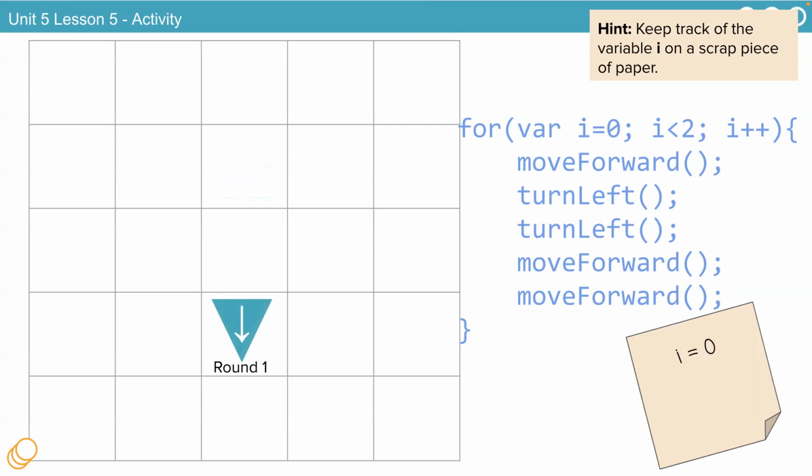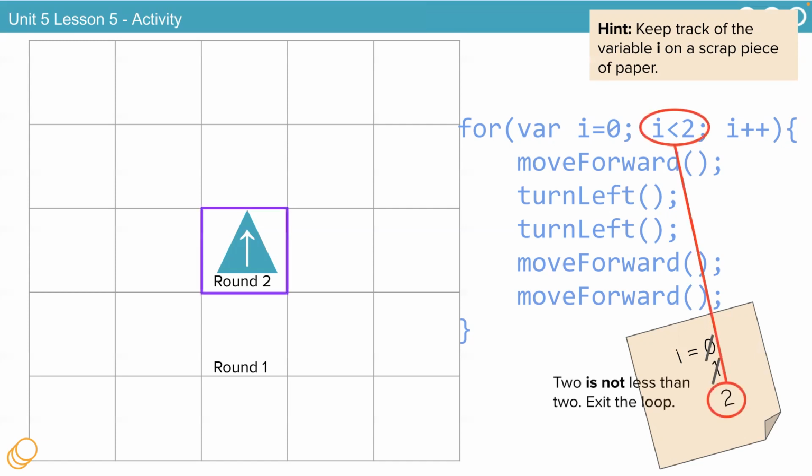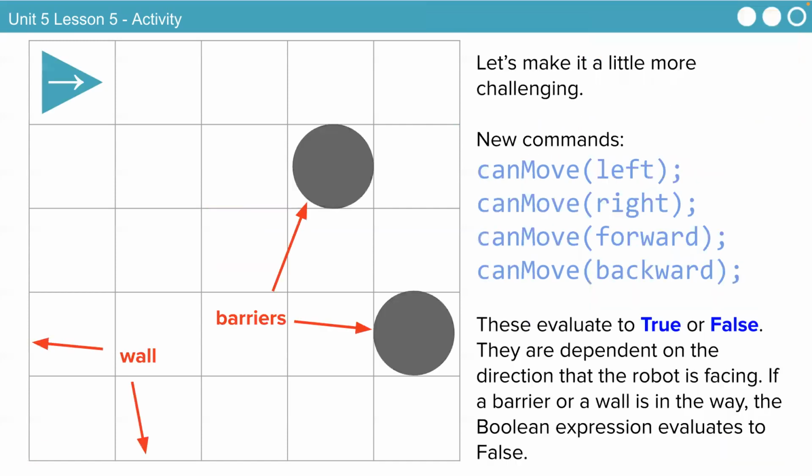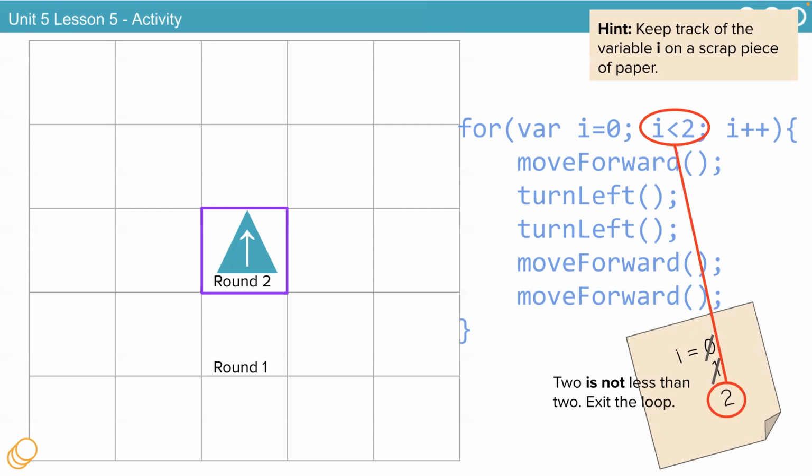Went down 1, and I'm pointing downwards. Round 2. Came back to where you were, and I believe we now exit the loop. Good.